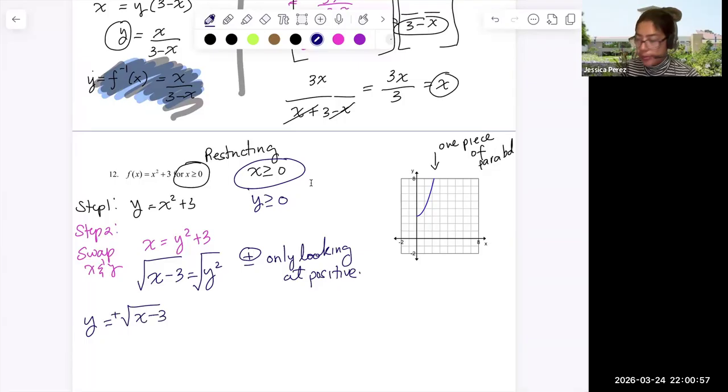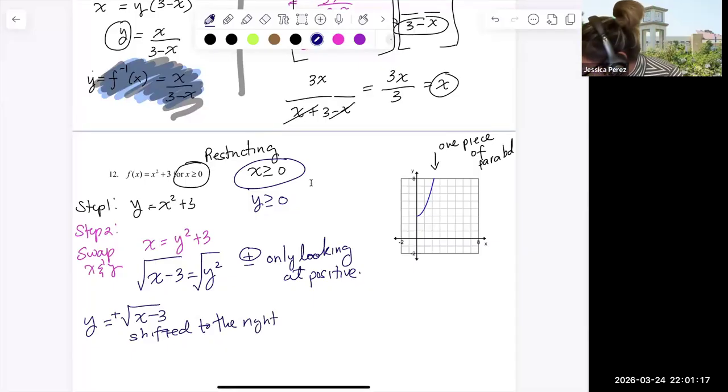So where is x minus 3? Well, remember, if I'm in the square root of x minus 3, I'm shifted to the left. Sorry, to the right. 3 units. So it's 1, 2, 3, and then from here, I have this arrow behavior.